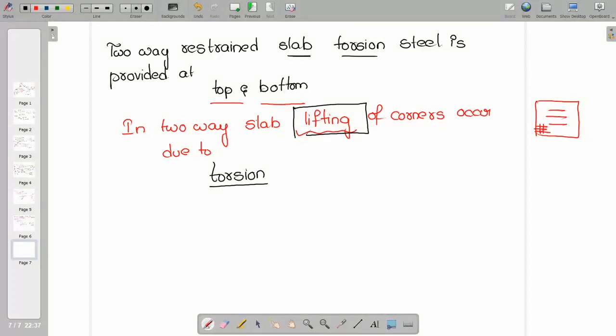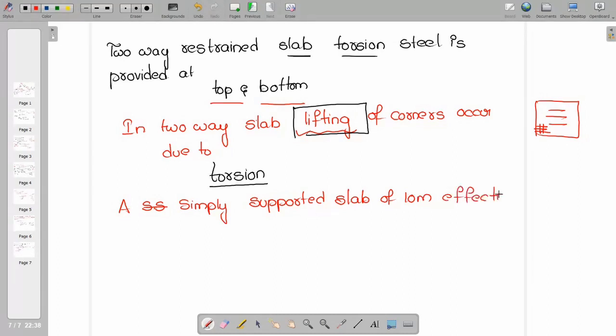Next. I'll give you another question. The question here is: a simply supported slab of 10 meter effective span.